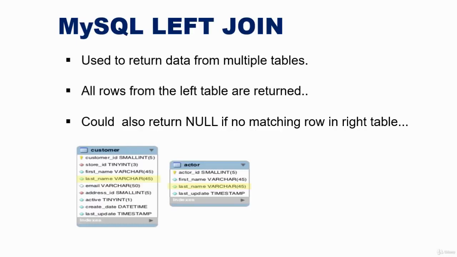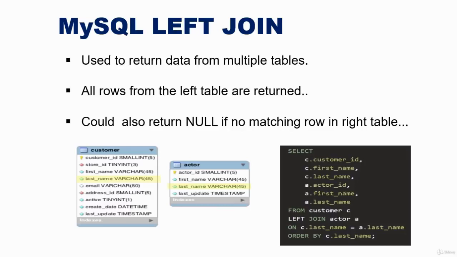To achieve that, we'll need to write a query like this. So we'll do a select using aliases here. So we've got c.customer_id, c.first_name, c.last_name, a.actor_id. The C there stands for customer, and the A is an alias for actor.